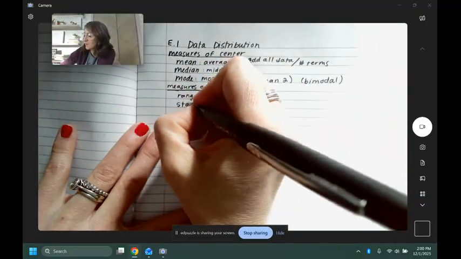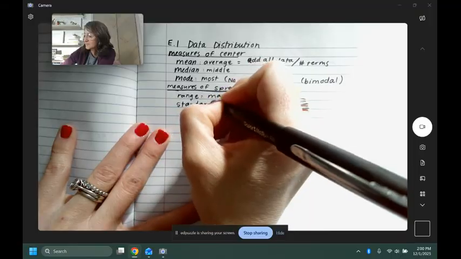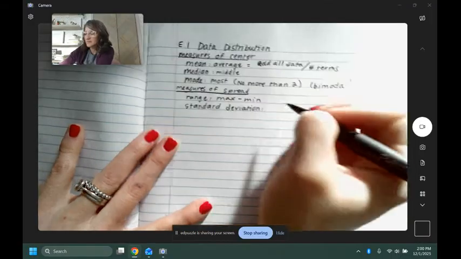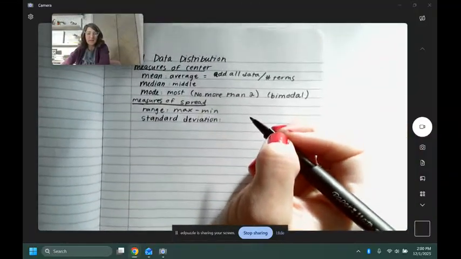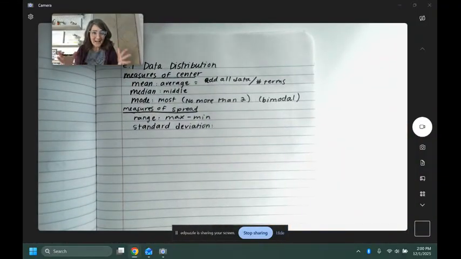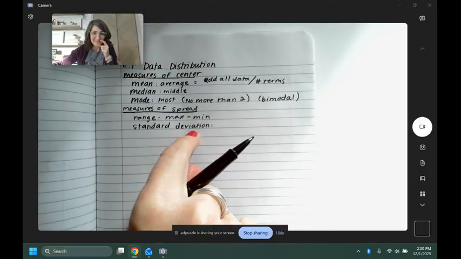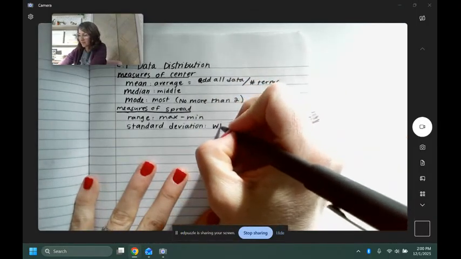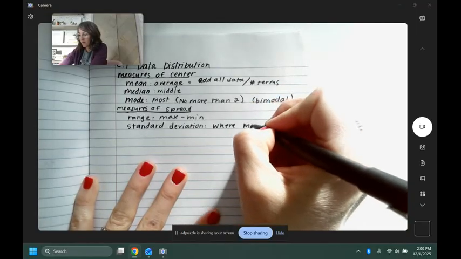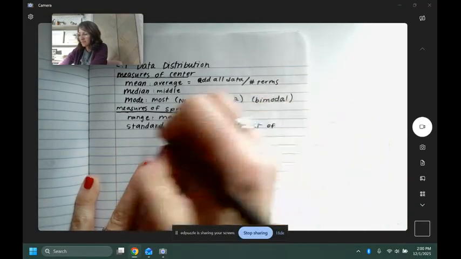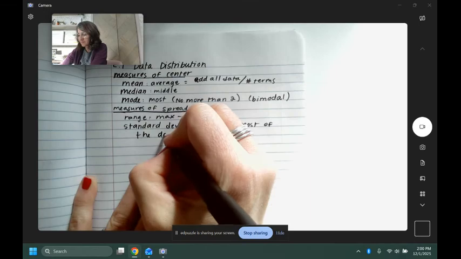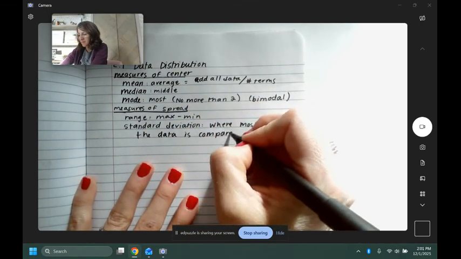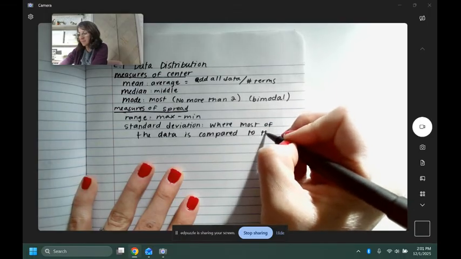Also, this is going to be where we find standard deviation. This is a number that says most of the data is within this amount from the mean, where most of the data is, compared to the mean.